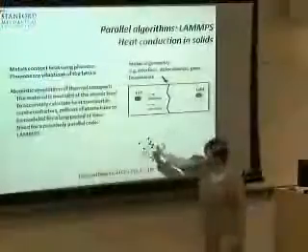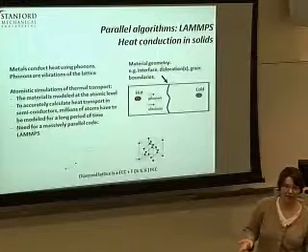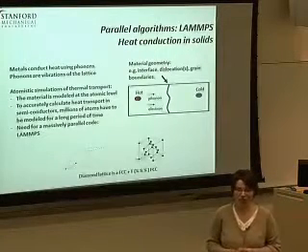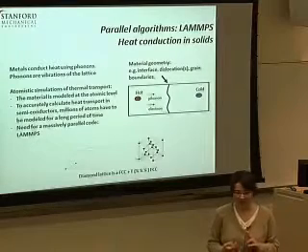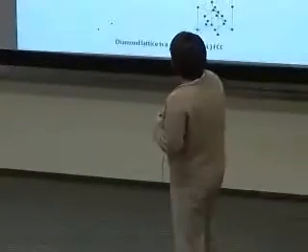And to do that, we need to model all the atoms in the structure, which can be pretty big. There are two things. First, we have to model a very large number of atoms because we want to do bulk material, so it has to be pretty big. And also, okay, there are periodic boundary conditions, but still, you don't want your result to be dependent on your system size.